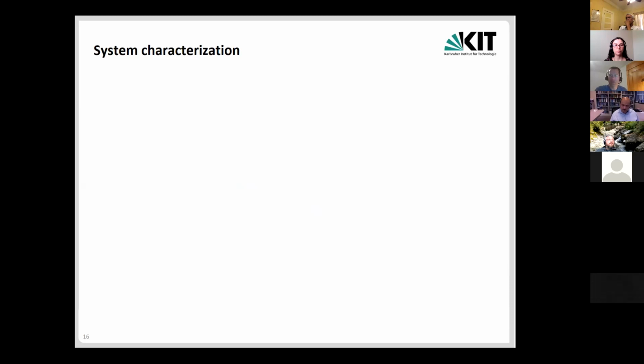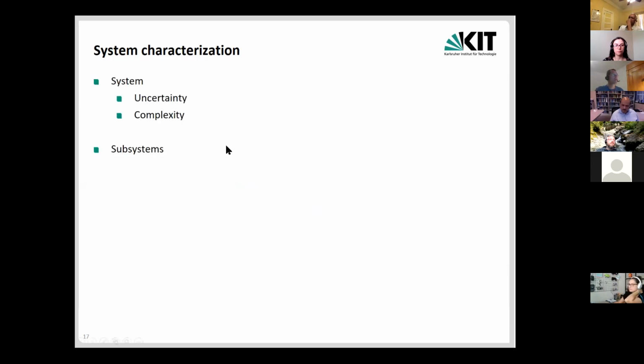And now we're going to use these 6-year runs of the model for several purposes. The first is system characterization. I want to show you a few ways to characterize the system in terms of predictive uncertainty and complexity, and we're going to look at what certainty or uncertainty subsystems add.